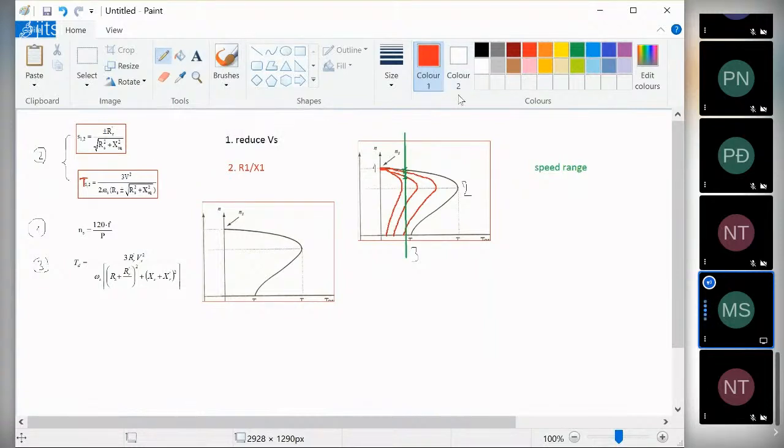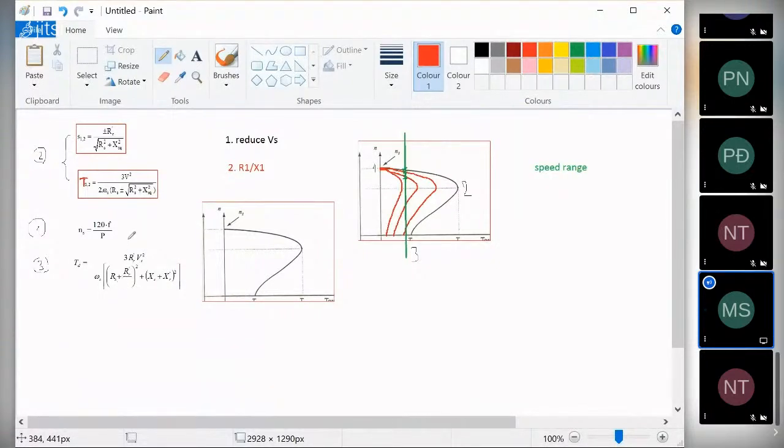Starting torque will change: if you increase it, will it increase or reduce? Reduce. Very good.